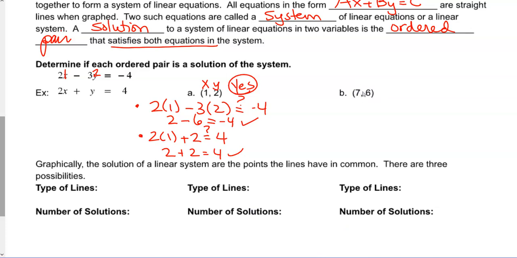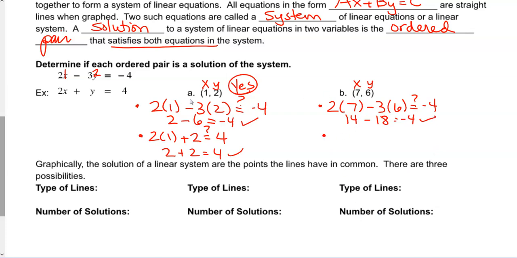If I have the point (7, 6), I'm going to put this in the x and that in the y. So let's start with the first equation. I'm going to put a 7 here and a 6 there. So I would do 2 times 7 minus 3 times 6. Is that equal to negative 4? This gives me 14, this gives me 18, and it most certainly is equal to negative 4.